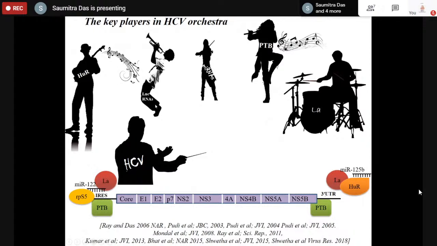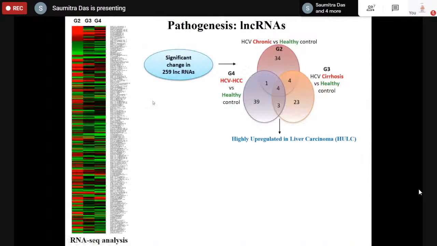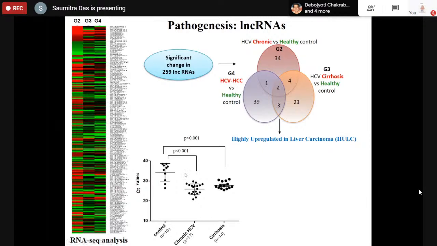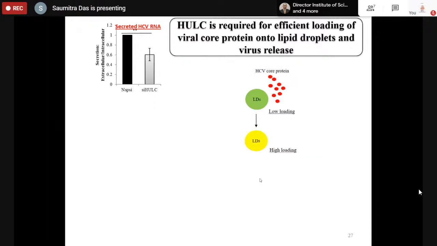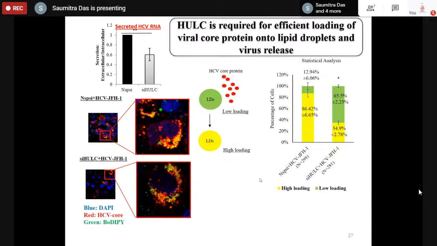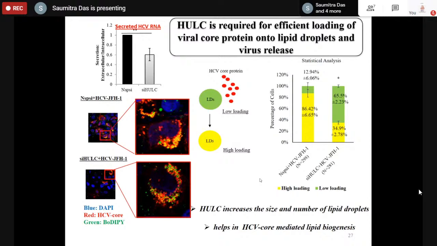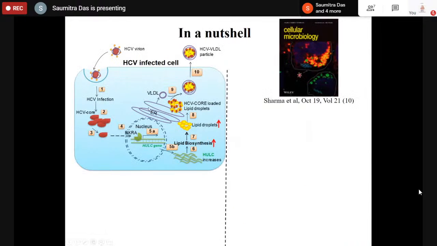Just to show a couple of slides on the long non-coding RNA that we recently found by RNA sequencing from the infected patient sera, from the cirrhotic and the hepatocellular carcinoma. We found one long non-coding RNA, HULK, highly upregulated in liver carcinoma, and we showed how this HULK helps to load onto the lipid droplets and increase the lipid droplets, and finally helps the virus release out from the VLDL pathway.